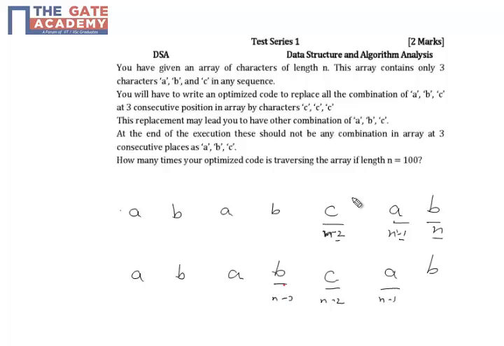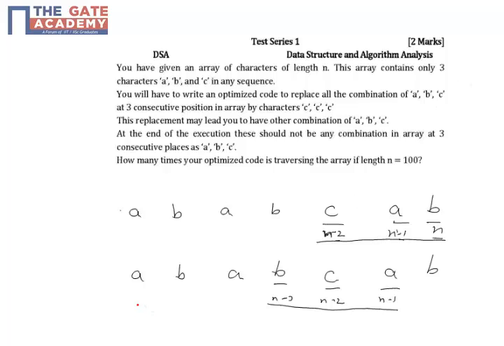So only one operation I have taken to check the last three items, and after that the next operation I will do is checking the elements n-3, n-2 and n-1. If they are ABC, I'll replace them by CCC. If they are not ABC, then I'll not have to replace them.